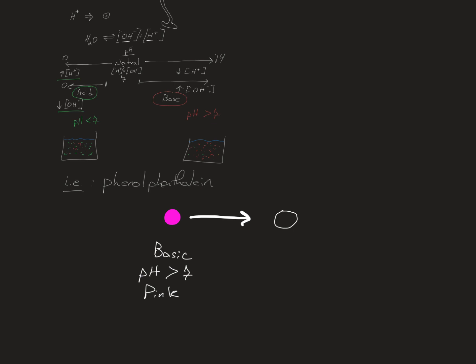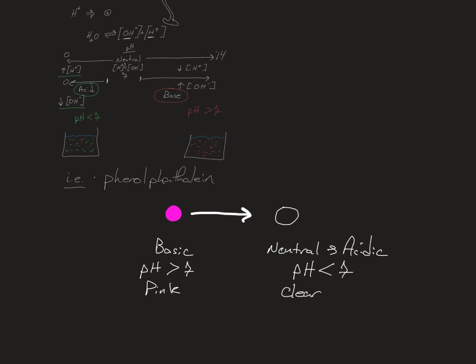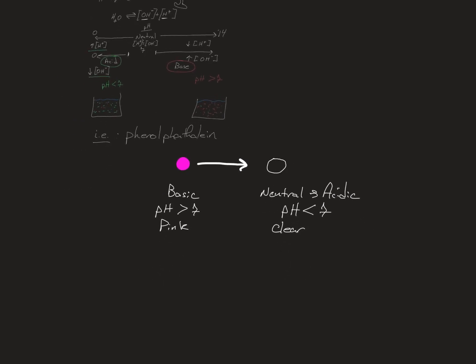If this molecule is in a neutral to acidic solution, where the pH is less than 7, then it's clear. So it has no color. This molecule can actually absorb all the light except pink when the pH is greater than 7.